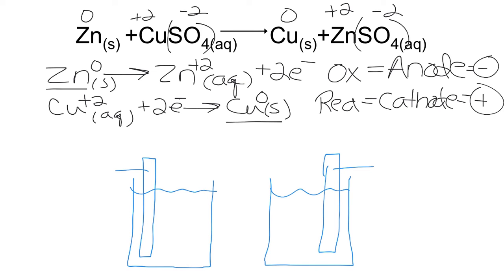It obviously doesn't matter because in real life, you can move the beakers. They can switch spots. It doesn't matter if they're on the right-hand side or the left-hand side. Let's just say we have this first one over here be the anode. If that one is the anode, that is where oxidation occurs. So we need the solid associated with the oxidation.